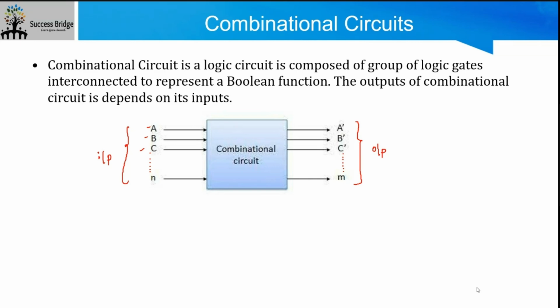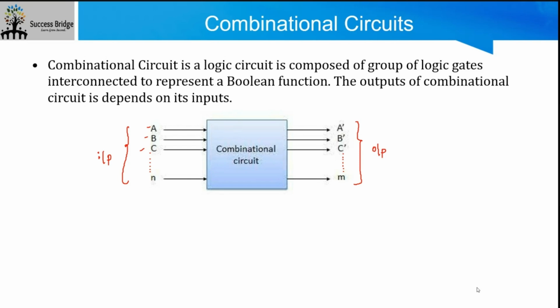In terms of the end product, a calculator: how many operations a calculator has to perform. Or a mobile processor: how many computations the arithmetic logic unit of a mobile processor can perform, that much logic we can write using these combinational circuits.